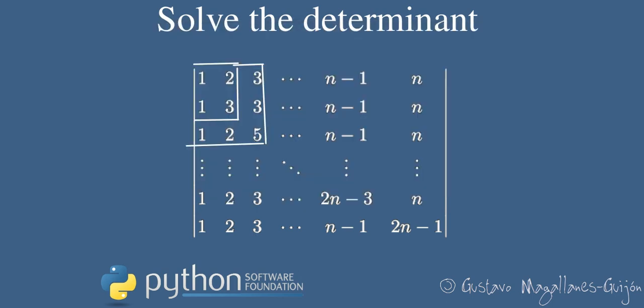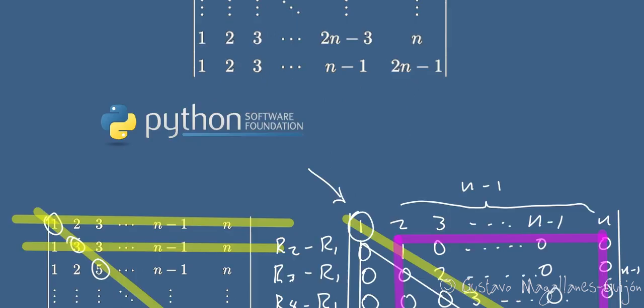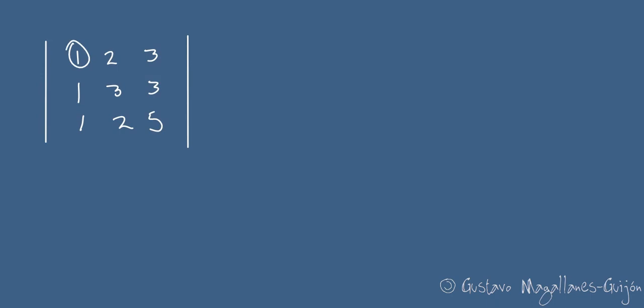Okay, it is 1, 2, 3, 1, 3, 3, 1, 2, 5. Remember that the determinant is this number for this adjunct.